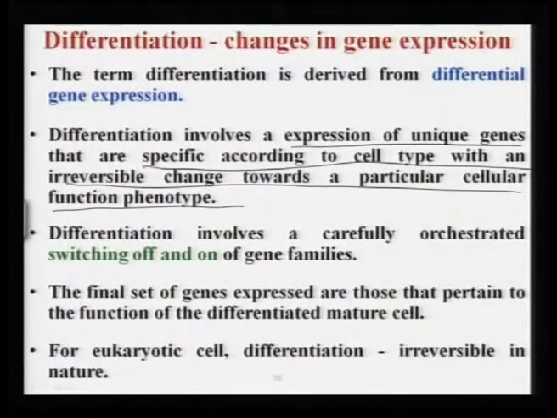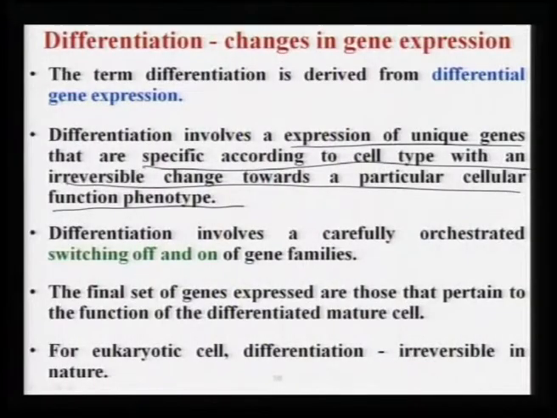This is a very bookish kind of definition: it involves the expression of unique genes specific to the cell type. That means osteoblasts have different genes, chondrocytes have different genes, and fibroblasts have different genes, which are responsible for the differentiation process. Differentiation also involves a carefully orchestrated switching off and on of gene families.